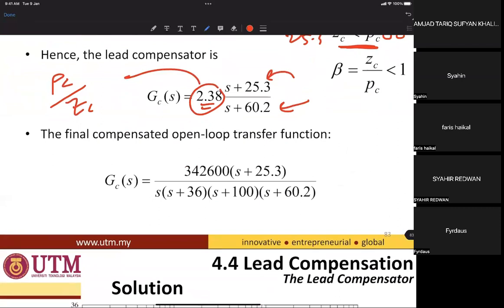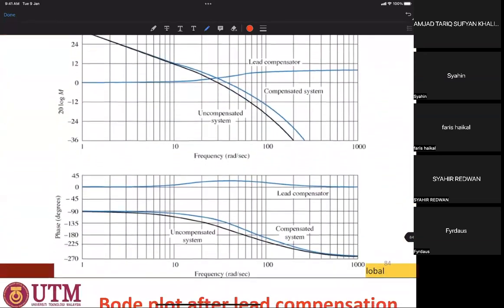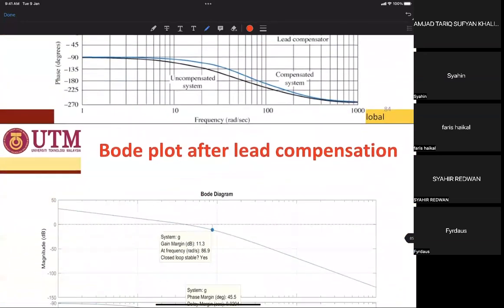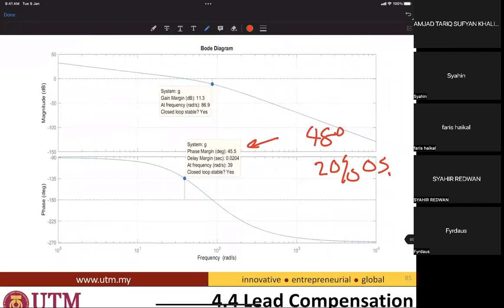Then this multiplied with the open loop transfer function all together, you can get the requirement by the Bode plot. The phase margin is about 45.5 degrees. Targeted is 48 degrees for 20% overshoot. So it is fulfilled.